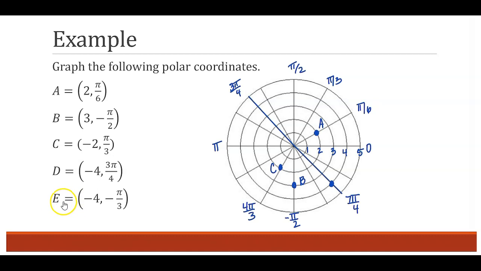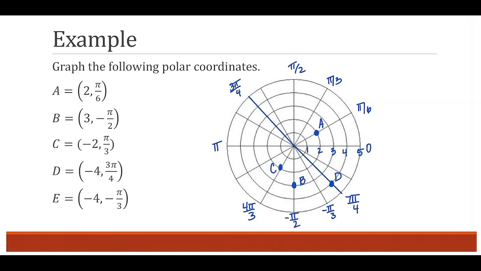And then finally, E, I have negative 4 and then negative pi over 3. So here, we're going to go ahead and go to negative pi over 3, which remember is a clockwise angle. So that's going to be down here. I have negative pi over 3. And whoops, I didn't label this.